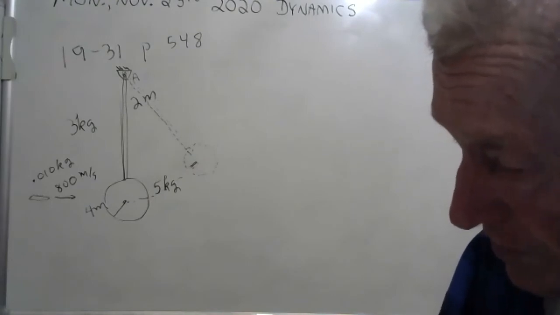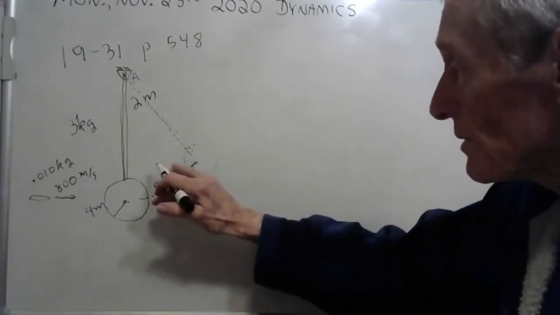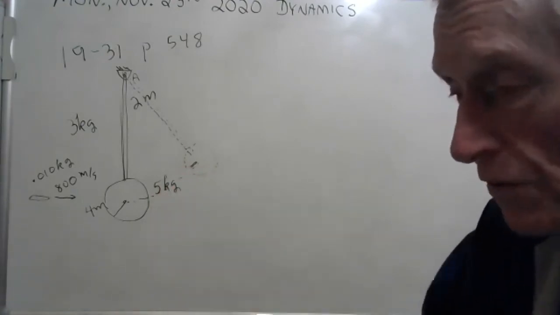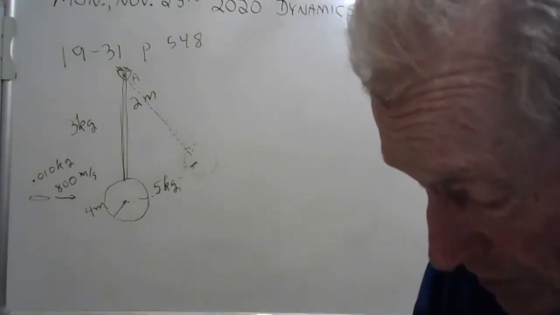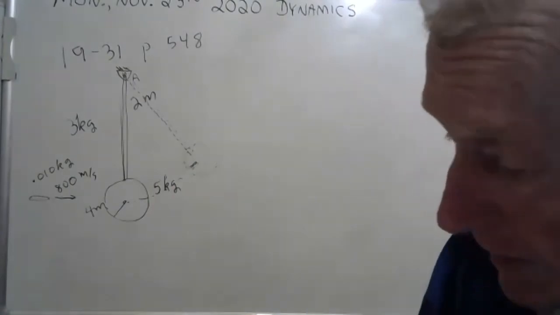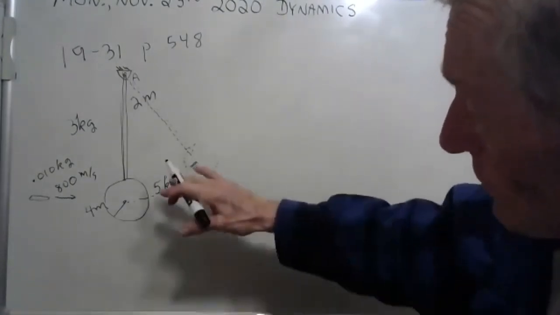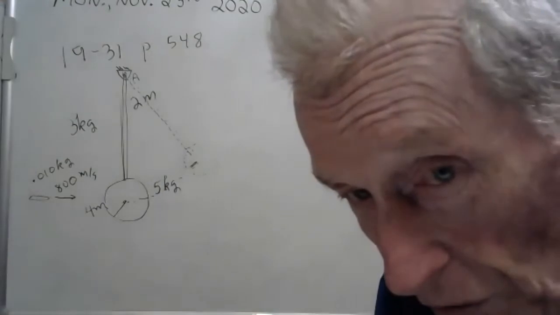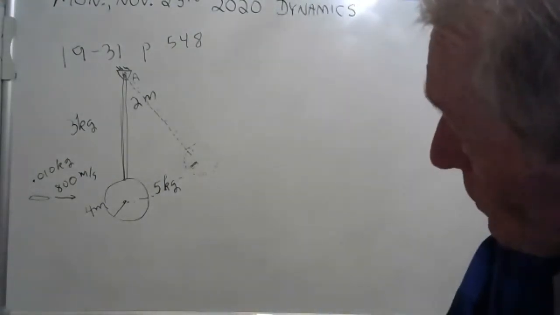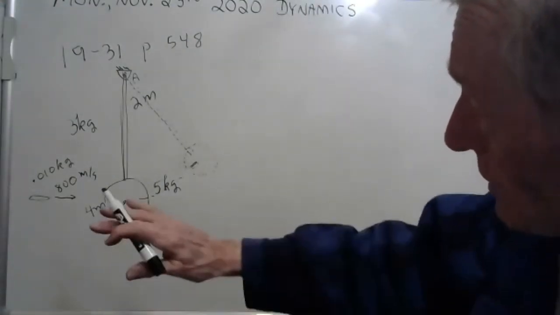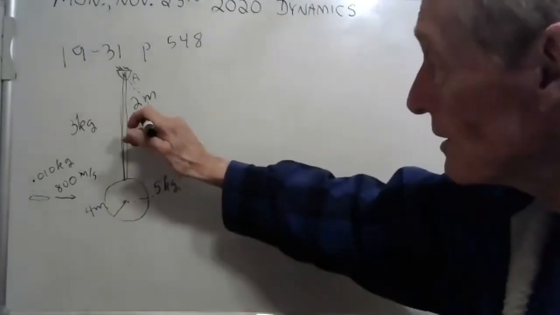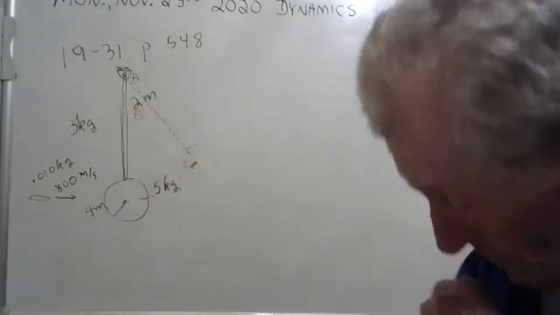If it's wood, there's probably a little blue flame licking outside the hole that the bullet went in, because those bullets are real hot, and the hole is probably charred with charcoal. And it comes up here and it'll stop. And they want us to find this angle.